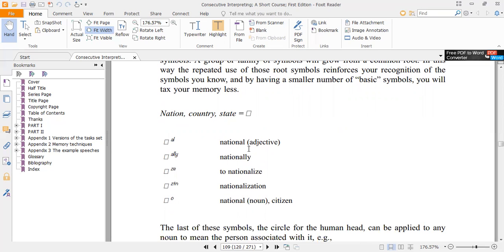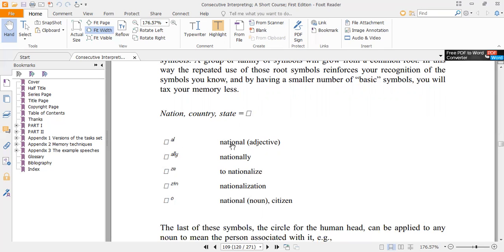All of these are drawn from the same stem. I mean, all these words are drawn from the same stem. Now we can use a certain symbol for the stem, and we can use other things to symbolize the certain word.